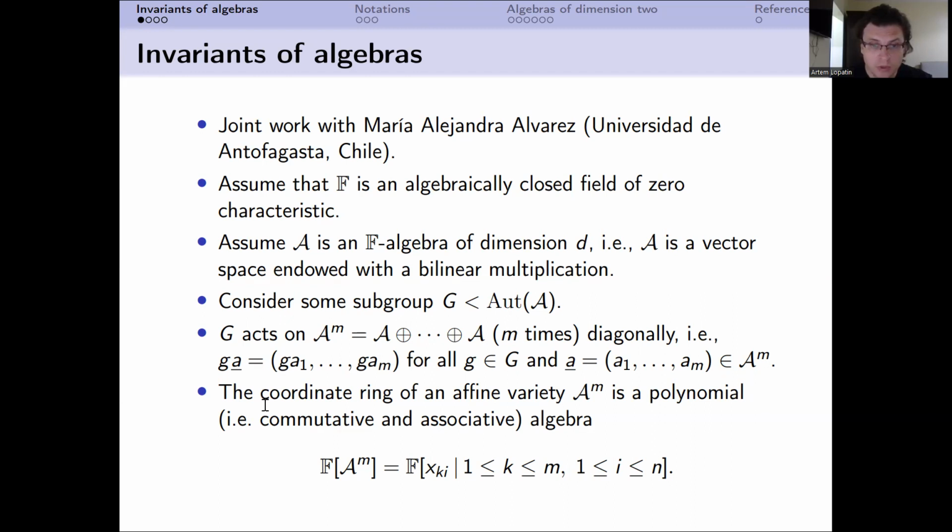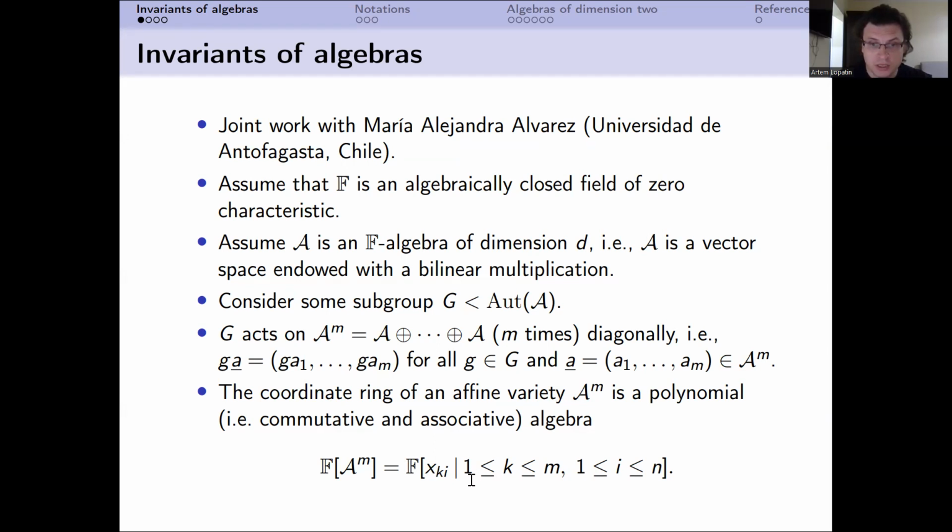Then we can consider the coordinate ring of the affine variety A^m. In other words, we may consider this vector space as an affine variety. It has a coordinate ring. What is the coordinate ring? In this case, because the algebra is a vector space, it is the ring of polynomials in variables x with indices k and i.